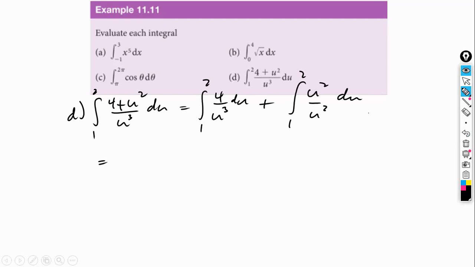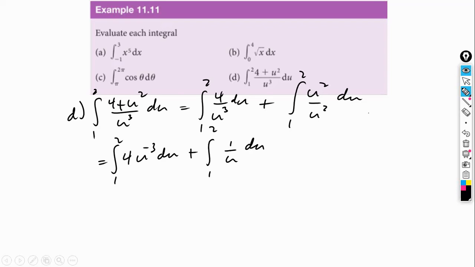And this is going to equal the integration from 1 to 2 of 4 times u to the negative 3 du, plus the integration from 1 to 2 of 1 over u du.